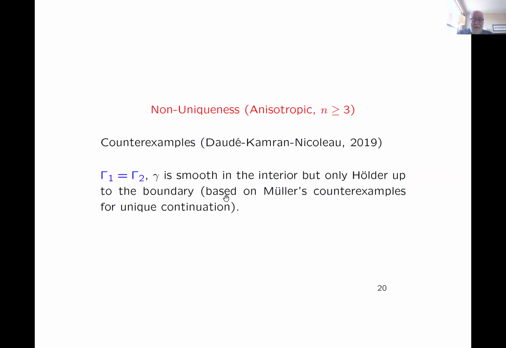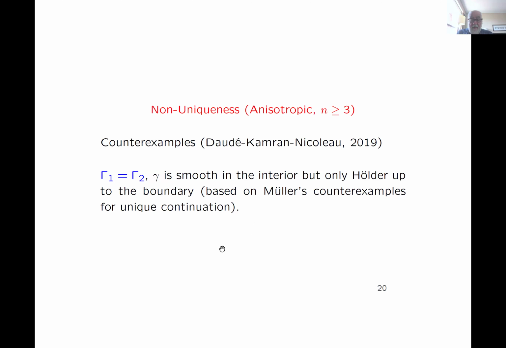And this is actually not a complicated proof. It's based on Miller's counterexample for unique continuation. It's a unique continuation from the boundary, meaning if the Dirichlet data vanishes on a piece of the boundary and the Neumann data vanishes on the piece of the boundary, on an open subset of the boundary, then the solution must be 0.